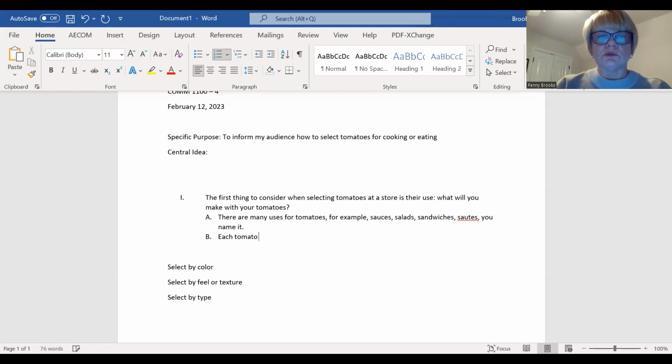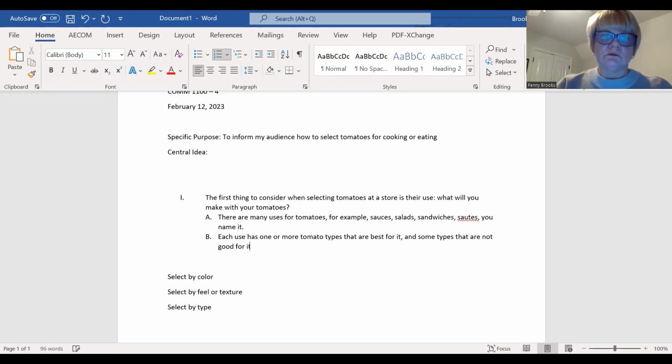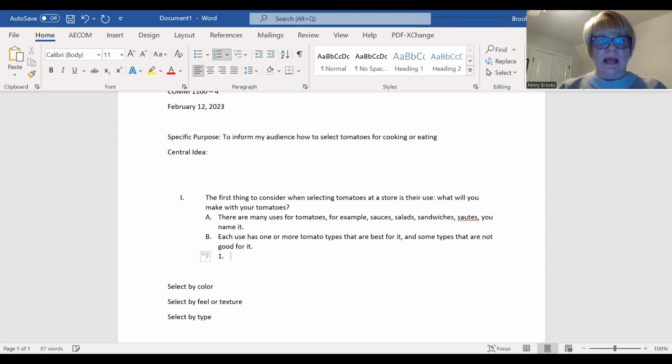Each tomato use has one or more tomato types that are best for it, and some types that are not good for it. And because I'm brainstorming, I can go back and fix the writing later on. I just want to get my brain down. So for example, many uses, sauces, salads, and then underneath this B, now remember it needs to be a 1, so I need to tell it how to do its job.